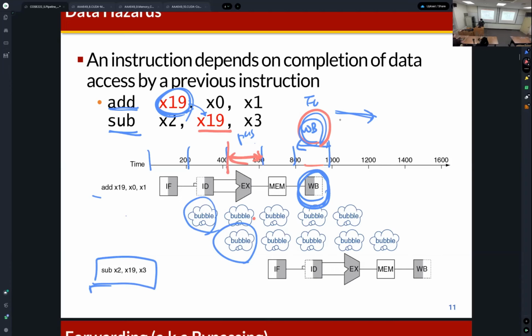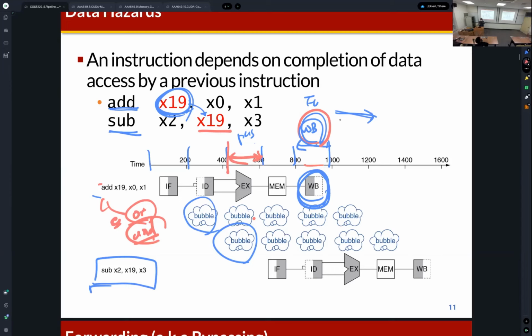So this question is that if there are some independent instructions, other instructions that are not dependent on this former instruction, which means that if the data dependencies are not observed, then these instructions can be executed without waste of clock.